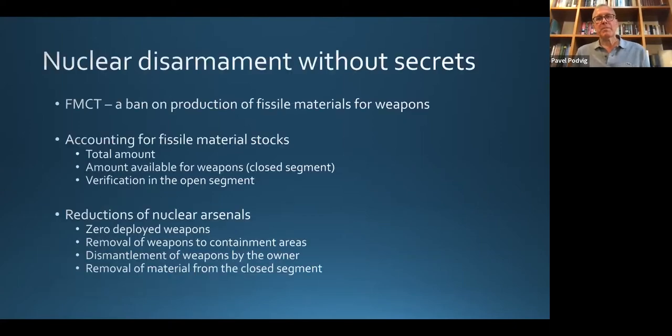So basically, you could do that step by step, and most of these steps are within reach. The FMCT, abandoning production of fissile material for weapons, that can be done. We know how to close and how to monitor that production facilities are not producing any material that could go to weapons.